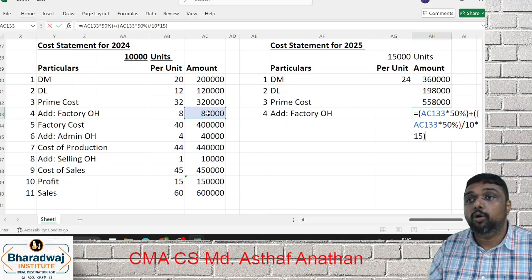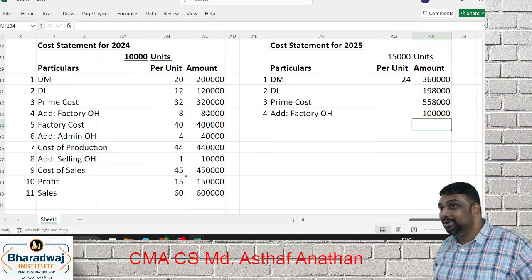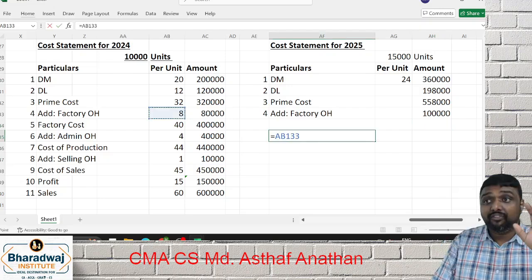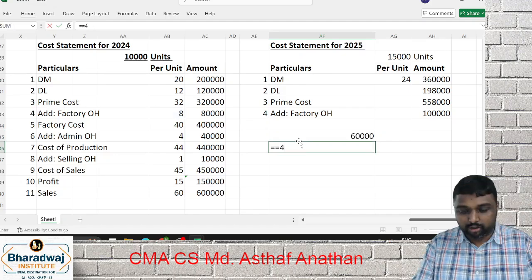There is one shortcut since you are having per unit approach. Let me tell you. Shortcut method: this 8, half is 4 rupees. So 4 into 15,000, and another 4 into 10,000 is fixed, that will not change. So you see, shortcut.